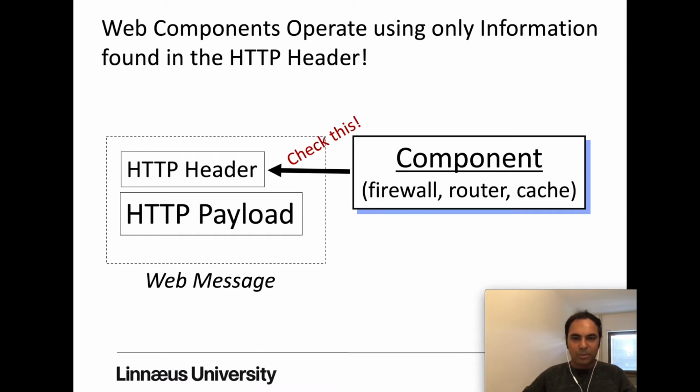All these web components like firewalls, routers and caches look into your HTTP header to decide if it should be accepted or where it should be redirected and so on. Then once the message is accepted or redirected to a proper destination, the requester uses the payload to read the actual message.